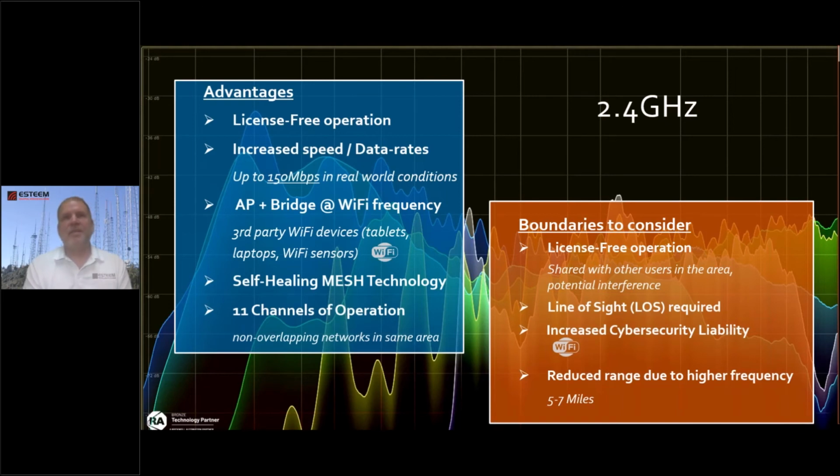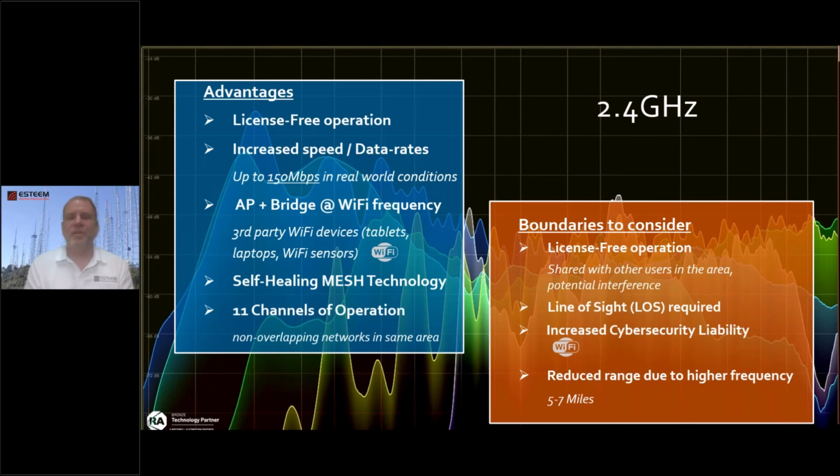The other nice thing is that this can act not only as an access point, but we can also add bridge functionality to give us that mesh network that not only connects those devices, but also provides a canopy as an access point for your third-party devices, your tablets, your laptops, Wi-Fi sensors. We get self-healing mesh technology.